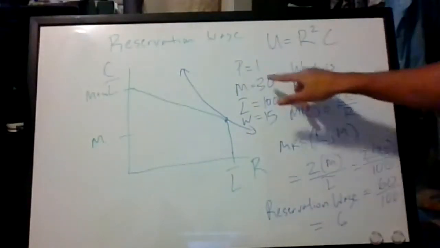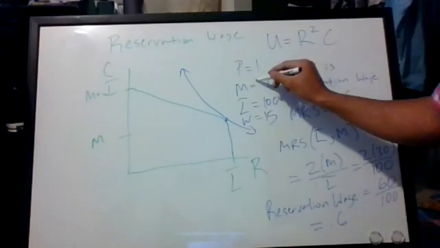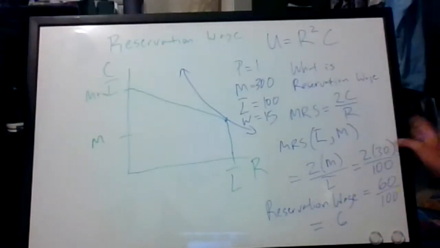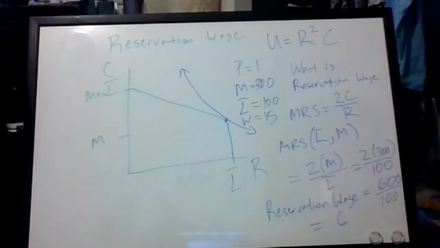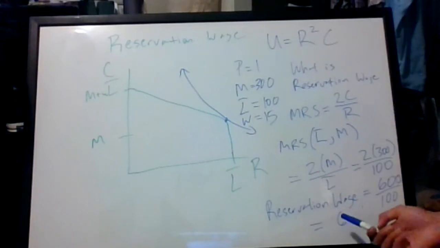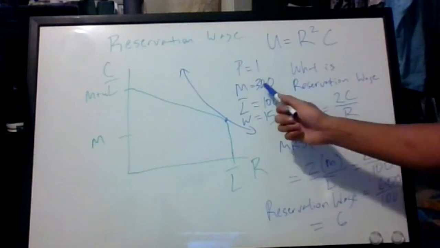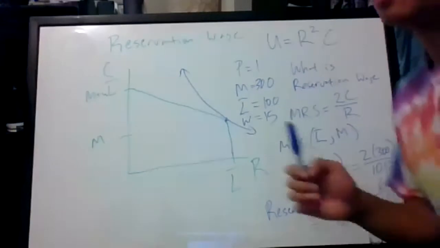Now, if I were to change my value of M, say that instead of 30, M was 300, well, that suddenly changes things. Now I'm plugging in 300 instead of 30. And so now this is 600 and this is 6. And now that makes a little bit more sense. This is a more reasonable reservation wage, still pretty low. But you can see how if we play around with these numbers, that's going to have an effect on our reservation wage.